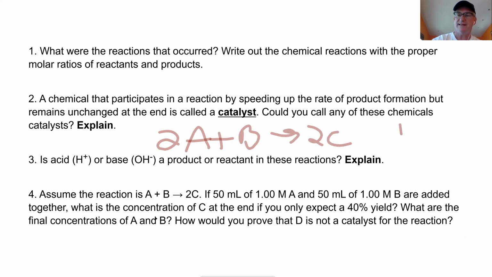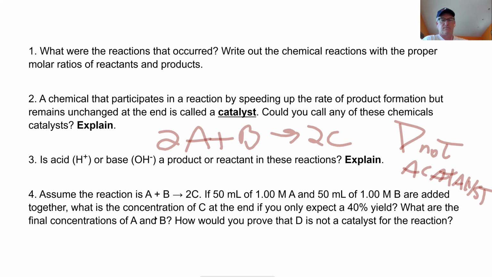How would you prove that D is not a catalyst? That's right, Ryan. It lowers activation energy through a variety of means, like an enzyme would, right? How do we prove that D isn't a catalyst?